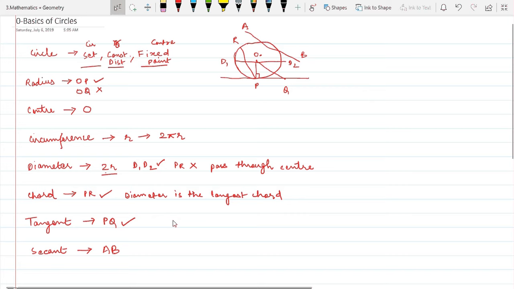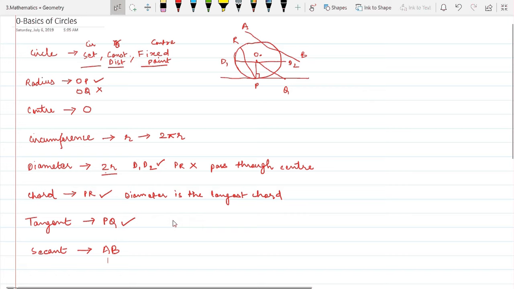What is the center? The fixed point that we spoke about in the definition of a circle is the center. What is the circumference? The set of all points that come about as a result of the definition spoken about is the circumference, and the formula of a circumference is 2 pi r, wherein r is the radius of the circle.